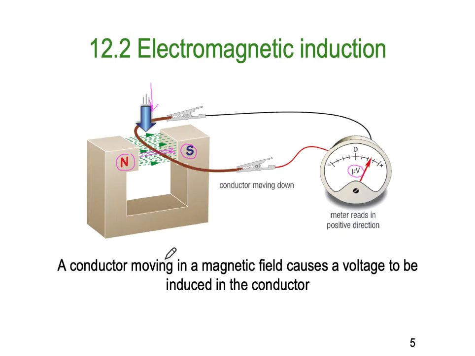So a conductor moving in a magnetic field causes a voltage to be induced, and just as the wire through the magnetic field is moving down, if I was to move it the opposite way, up, then this meter would deflect the other way. So the polarity of the electrical current in the wire is determined by its movement and direction through the magnetic field.